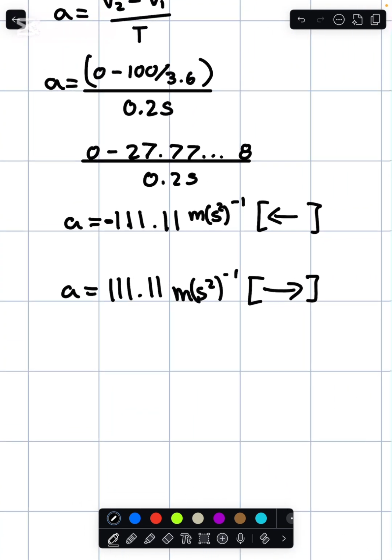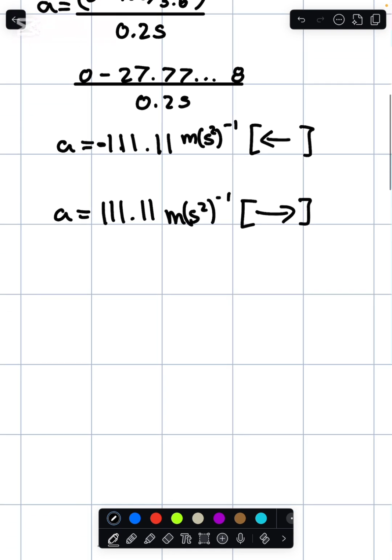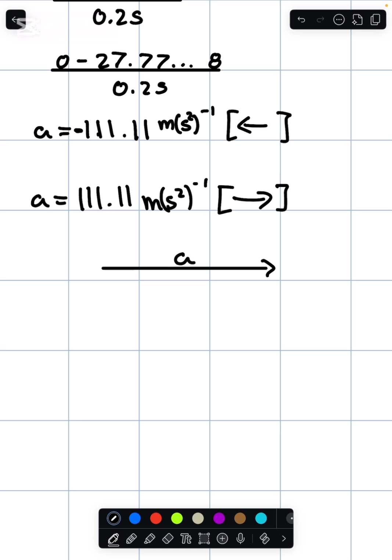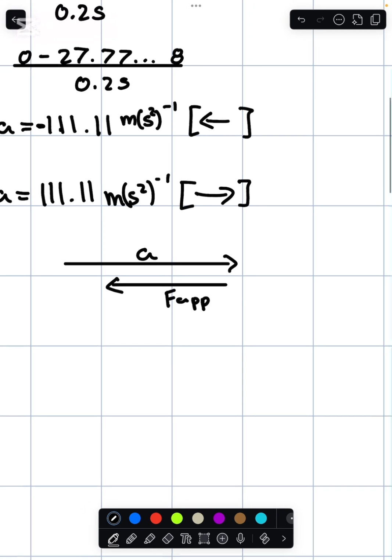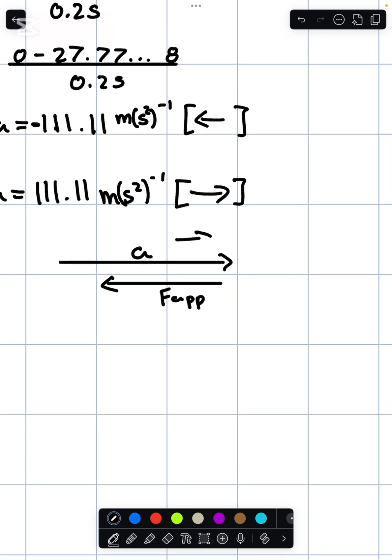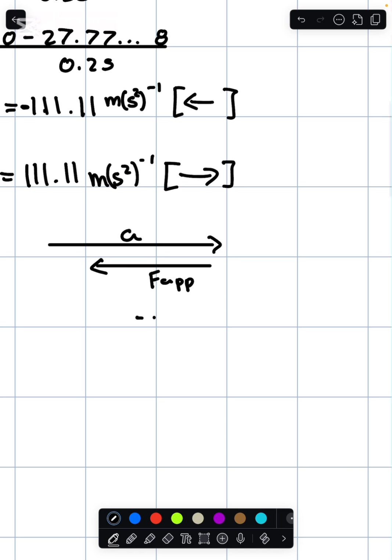So in the end, when we have a negative acceleration, all it means is that we can switch our direction and it will be not negative. Let's say I have something accelerating this way, right? Acceleration is that way. And we have another force acting on it this way. This will be our force applied. So if I have a car accelerating in this direction, and I have a force applying to the car in this direction, we are going to be decelerating, which means our A is going to be negative.